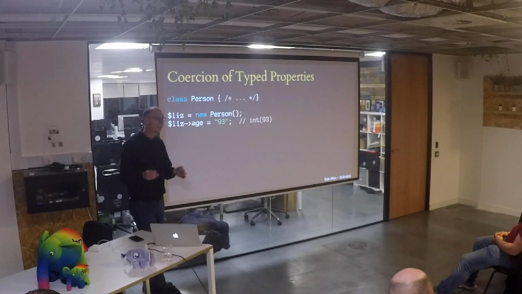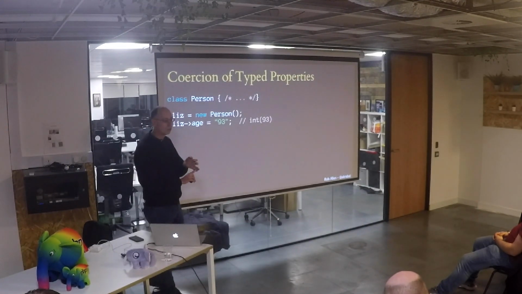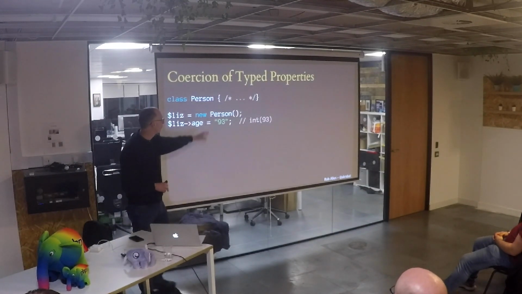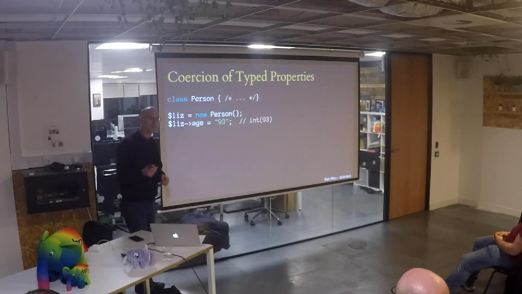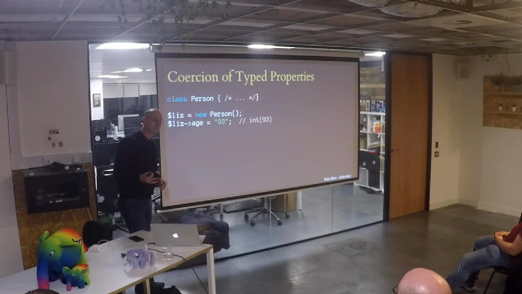So coercion works exactly the same way as it does for type juggling, as it does for parameters to functions. I pass in a string of 93 to Liz, and it will convert it to an int for me. So Liz is getting on a bit.